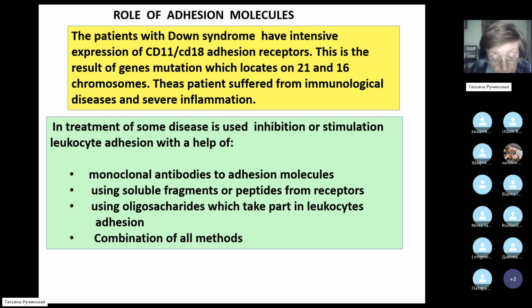And the opposite, what will be in a patient if there is excessive synthesis of adhesion molecules? If there is a deficit of adhesion molecules, the neutrophils and monocytes cannot come out in the region of inflammation. If that's so, there appears chronic inflammation.